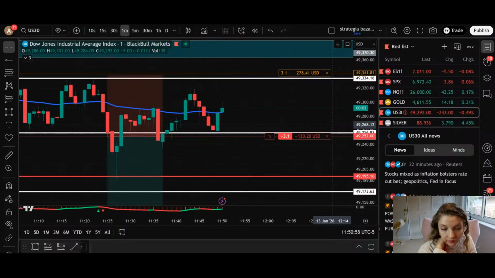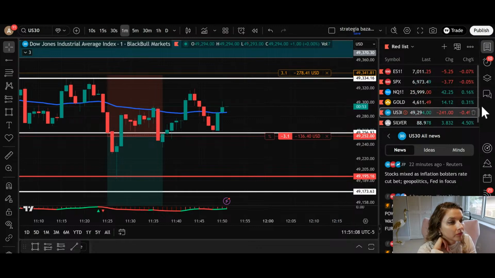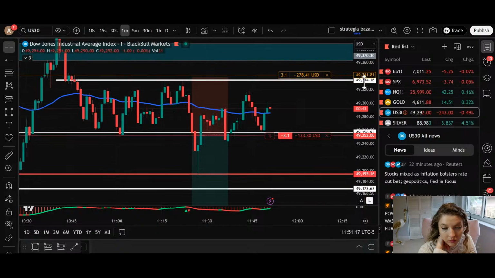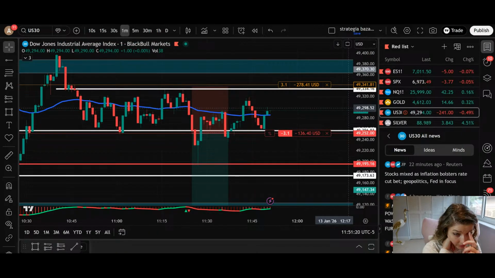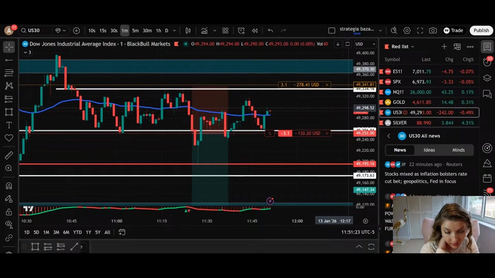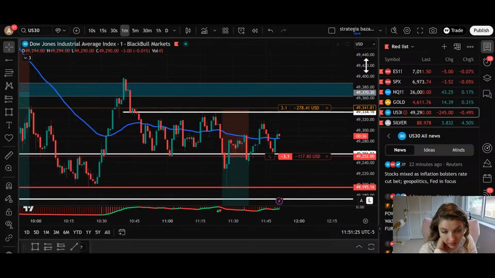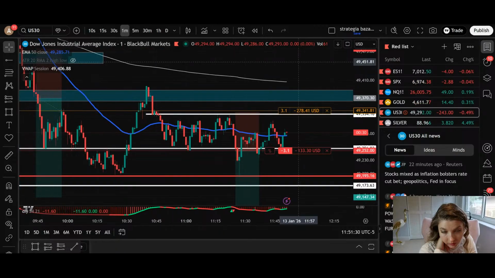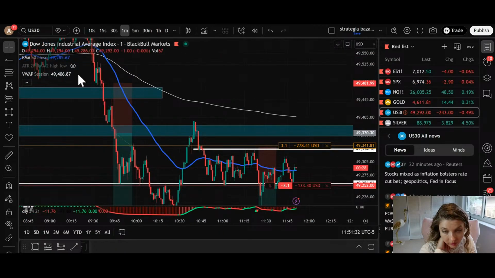Okay. No, it's not. It's above WAP. Was the green line? What? Above WAP. This is WAP. The white line.